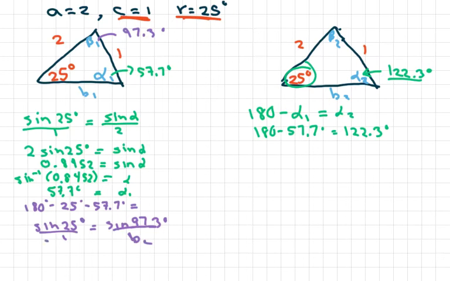You cross multiply and your b1 is going to be 2.35. This is all triangle 1 here. This is triangle 1. This is triangle 2.